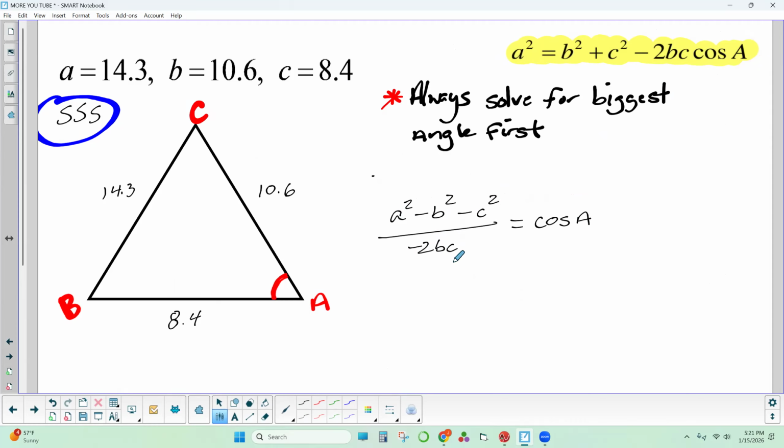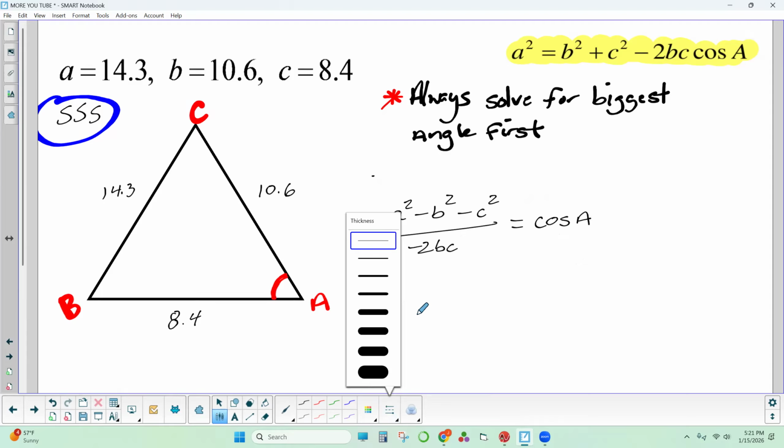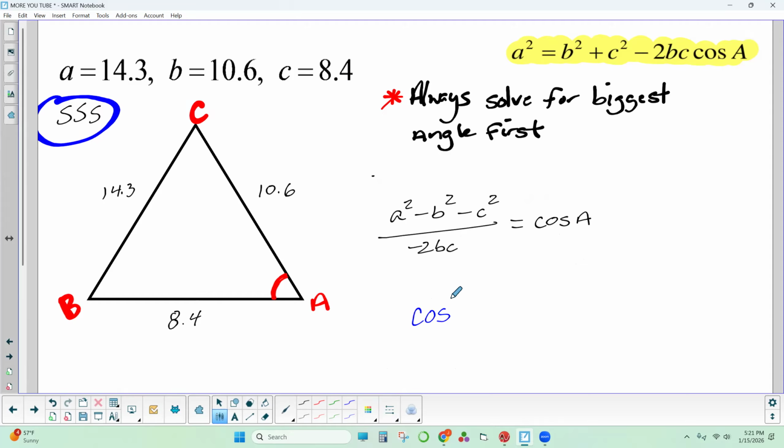Okay? So as you can see here, we are looking for an angle, so we're going to use the inverse cosine function. So to set this up, I'm going to write inverse cosine, and then we're going to put all of this in parentheses. So we have to plug in A, B, C, B, and C. Okay, so let's go ahead and do that.